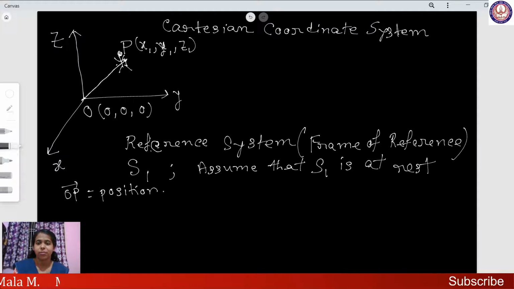So here the vector OP is the position vector. How do we write the position vector? We write it as r. For point P I will write it as r1. So what will be the r1 vector?